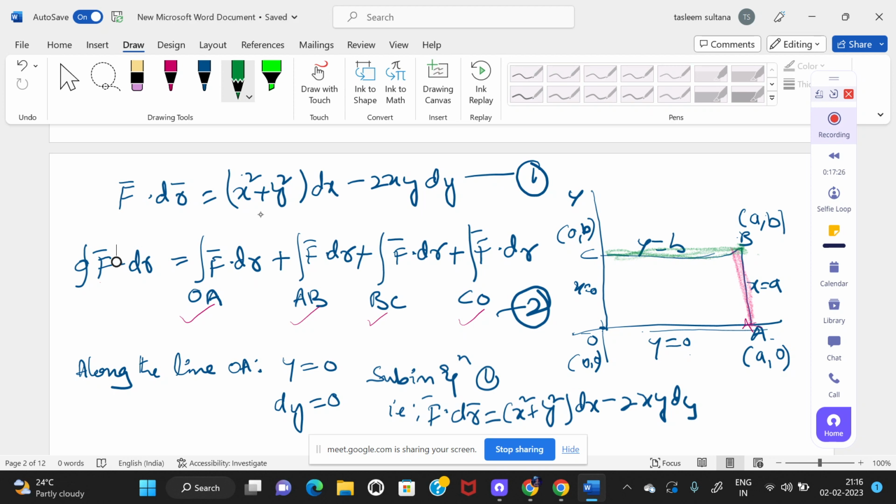X varies from a to 0. And what about your y value? Y is equal to b.